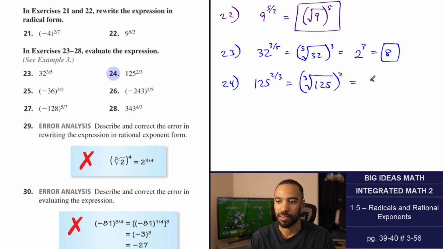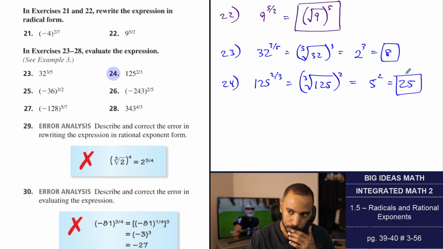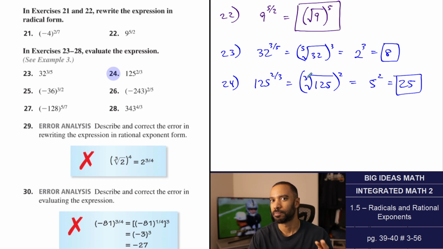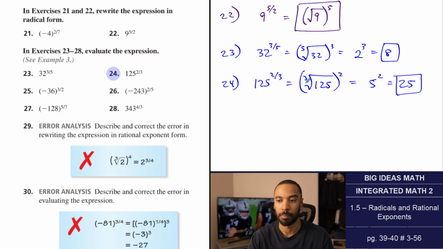The cube root of 125 is 5, and 5 squared is 25. And the reason I bring that up is because even if you don't know what the answer is, and you're like, I gotta use the calculator, you kind of gotta try. If I told you that it's for sure a perfect cube, then try numbers. What, 2 times 2 times 2, 3 times 3 times 3, things like that.